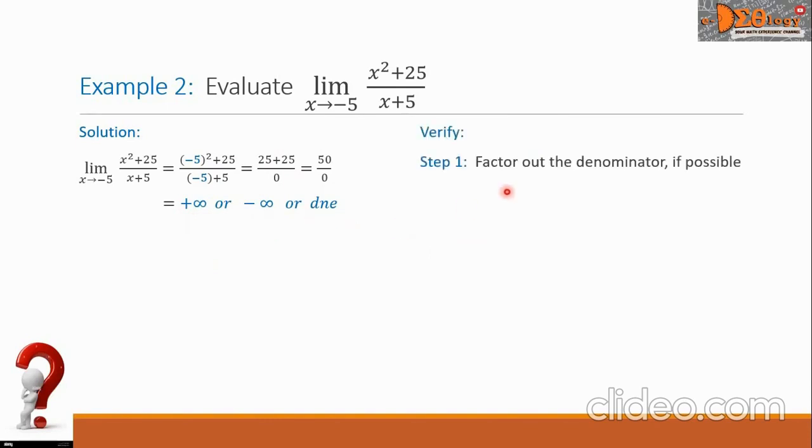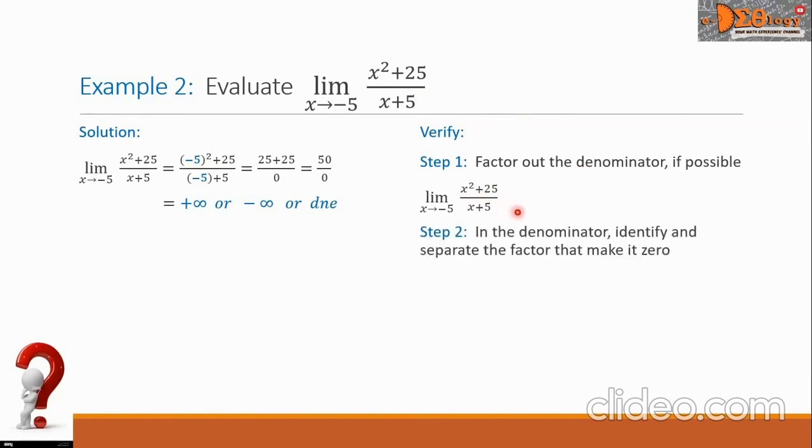Step 1. Let us factor out the denominator if possible. Let us copy our limit problem down here. Observing the denominator here, it is already prime, so there is no need to factor out. Step 2. In the denominator, identify and separate the factor that make it 0.